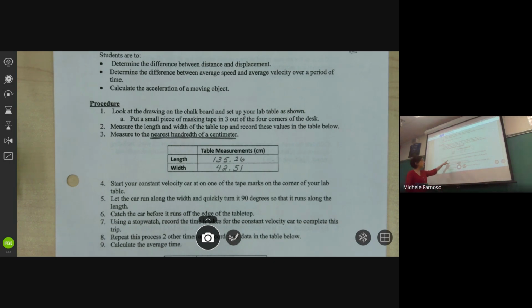You should have the same precision as I have here out to the 100th of a centimeter, right? We're told to do it to the 100th of a centimeter. Once you have those, you can bring the meter sticks back up to me, and we'll move on to the next stage of the lab.